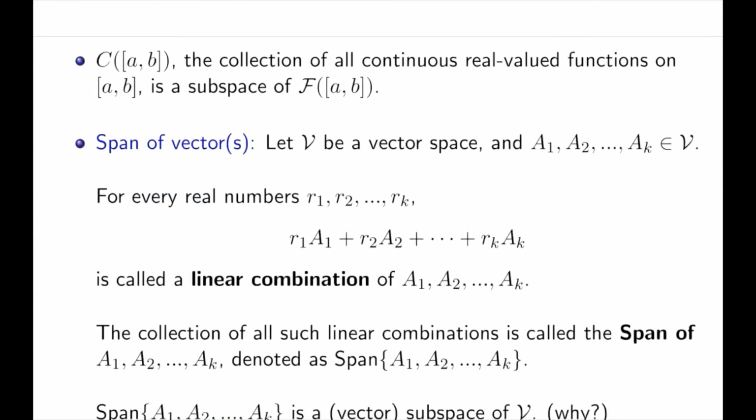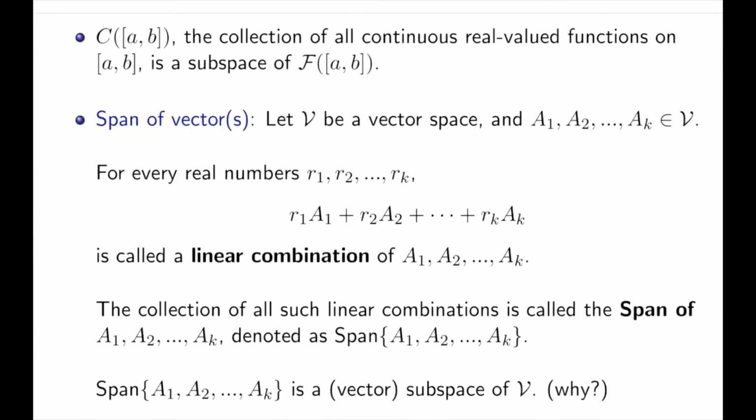So next, here are several more examples of a vector subspace, or subspace in short. So in this notation, the C stands for the word continuous. So this is the collection of all continuous functions on the closed interval from A to B. This is in fact a subspace of the space of all real valued functions defined on AB. Why? Because if you start with two continuous functions and you add them, you will end up having a continuous function.